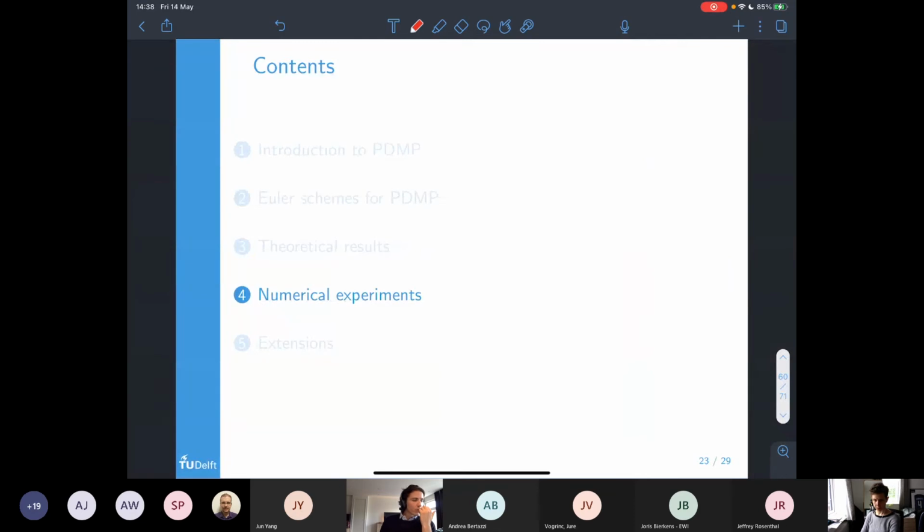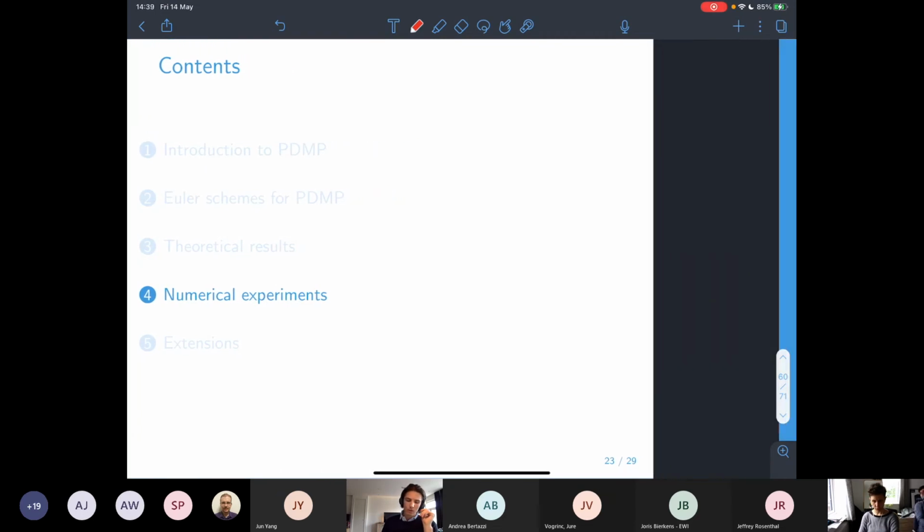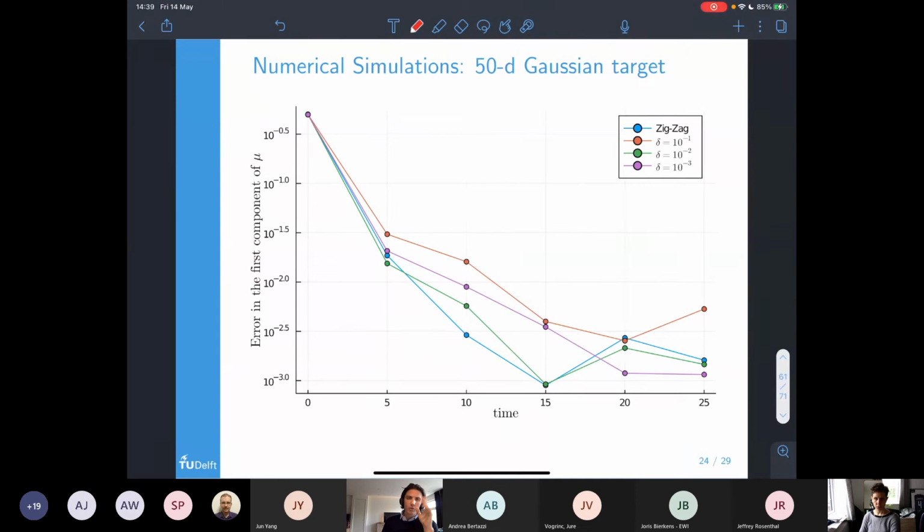Okay, so these were some of the results we can obtain for this approximation we consider. Now let's quickly see a couple of plots just to draw some intuition, but it's a very simple Gaussian target, 50-dimensional Gaussian target. And here I'm comparing the continuous Zig Zag to some approximation for it, Euler approximations. And I'm showing on the y-axis the error in the first component of mu.